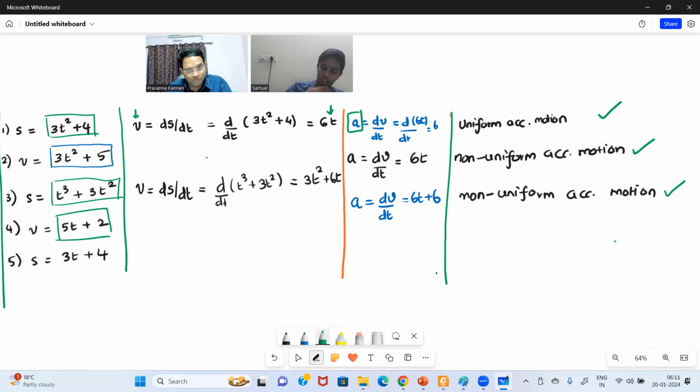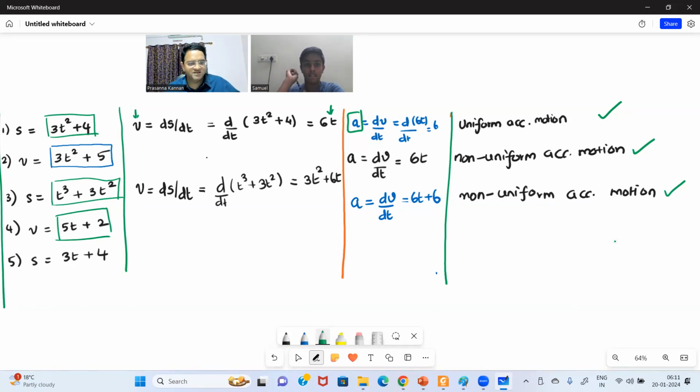What do you mean by non-uniform motion? Where velocity will change with time. Yes. Or in terms of acceleration, tell me. In terms of acceleration, it's dv by dt. What can you say about acceleration? Acceleration is not zero. Yes, very good.